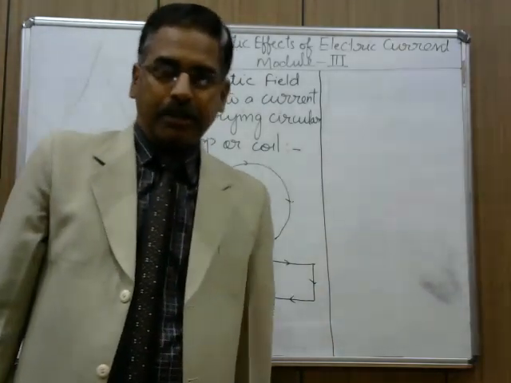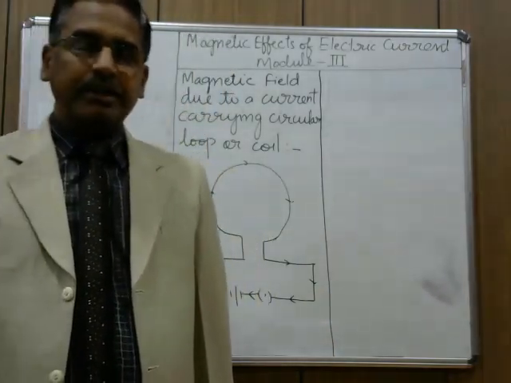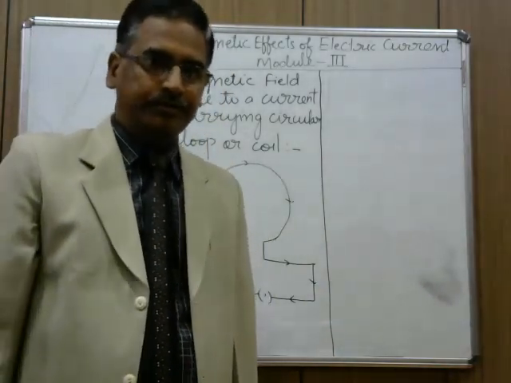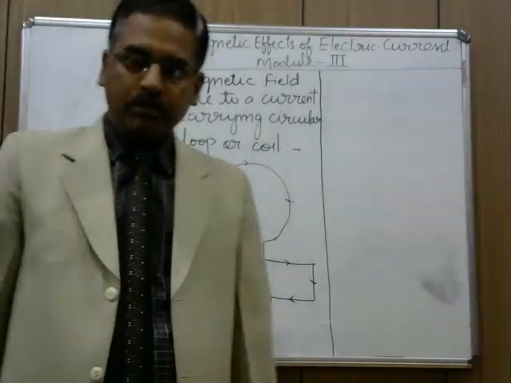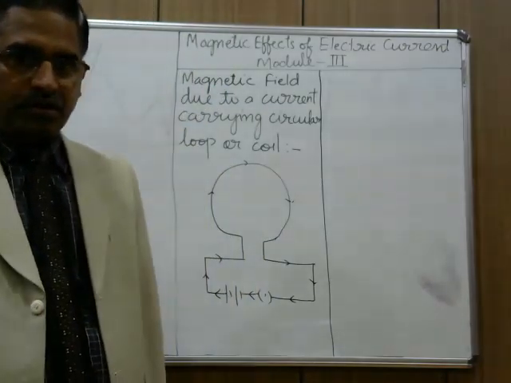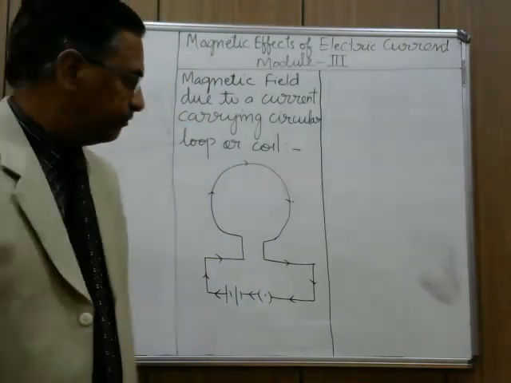This is the diagram of a current carrying circular loop. Now, in order to find the pattern of magnetic field produced, we will draw the magnetic lines of force.